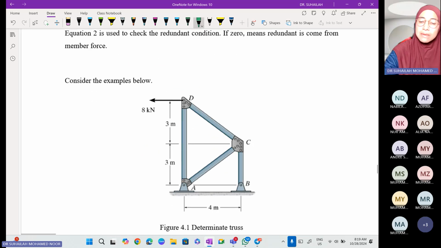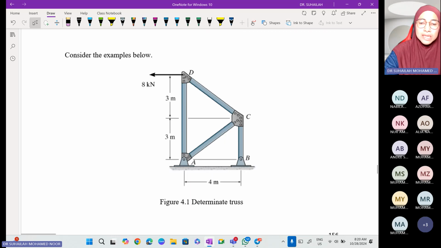Okay, we consider the example below. So this is an indeterminate truss. Okay, so it is m plus r minus 2j. We have 1, 2, 3, 4 members. R is 1, 2, 3, 4, there are 2 pins here.